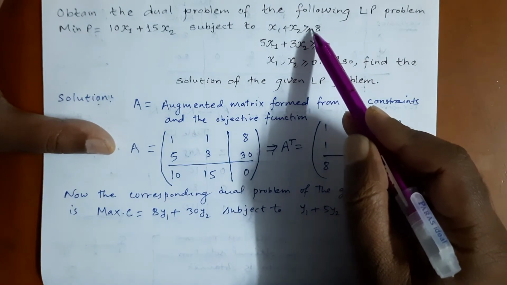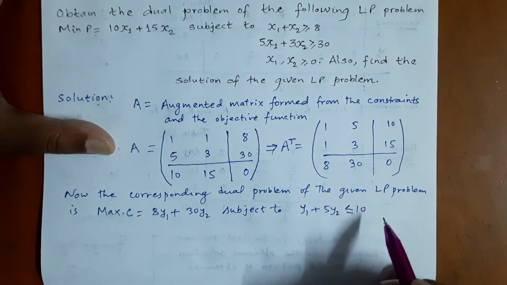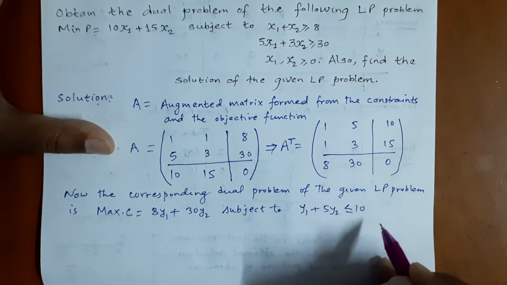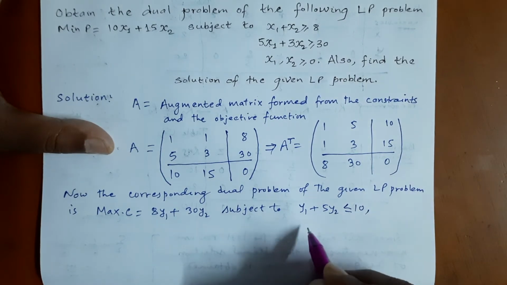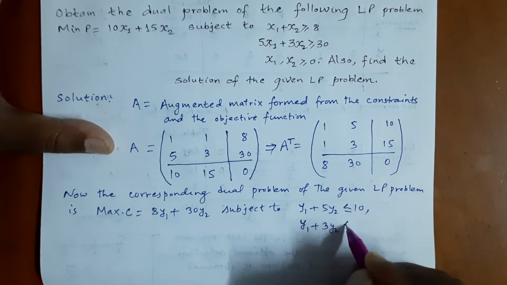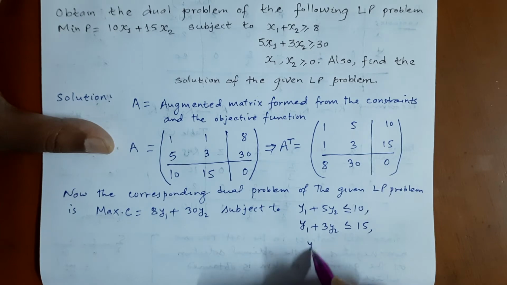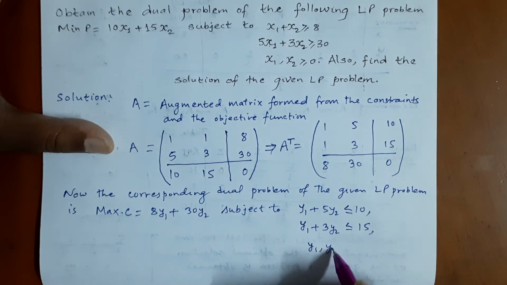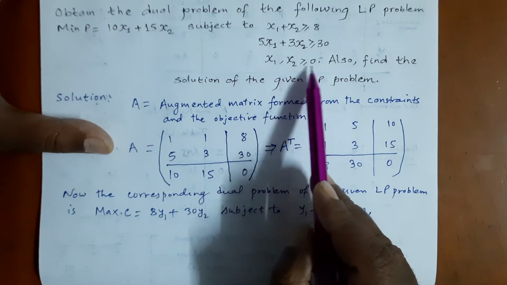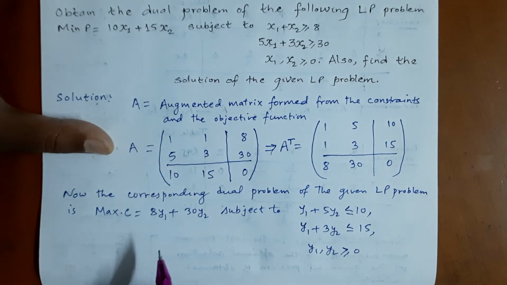Here bigger or equals to, now we change into lesser or equals to 10, because in maximization problem there will be lesser or equal to sign. Subject to this, and y1 plus 3y2 is lesser or equals to 15, and this y1, y2 is bigger or equals to 0. This variables bigger or equals to 0 is same in both minimization and maximization type of problem.